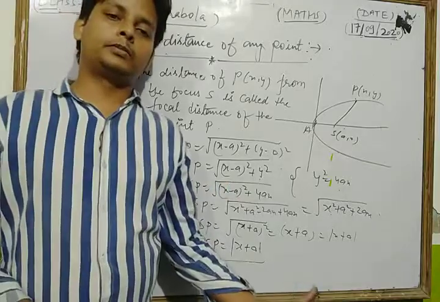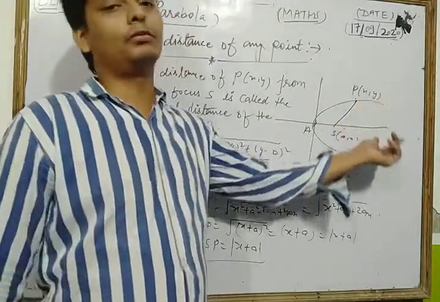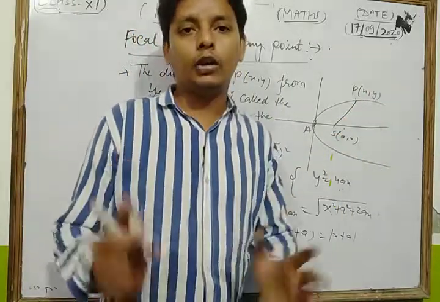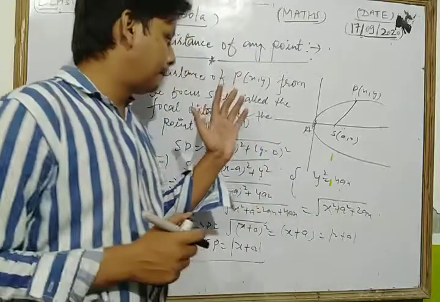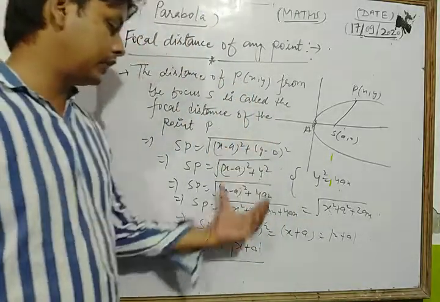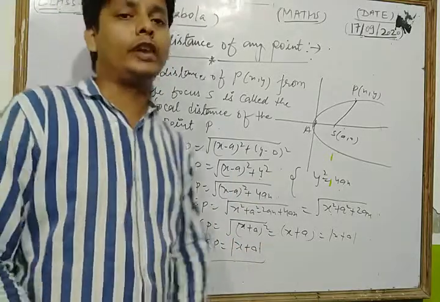So the distance between the point P lying on the parabola and the focus of the parabola is known as the focal length of the point P. In this way we find the focal length SP is equal to mod of x plus a.